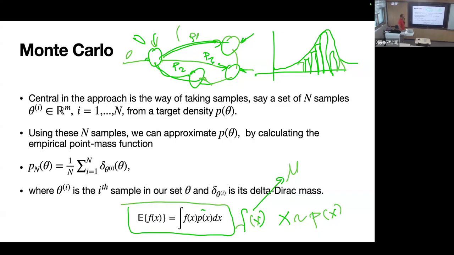This is the definition of expected value, but in order to solve it, I need this p of x. So I sample p of x and solve this as a sum. And I have to do it many times over and over and over again. The more times I do it, the closer and closer I'm going to get to the true result.